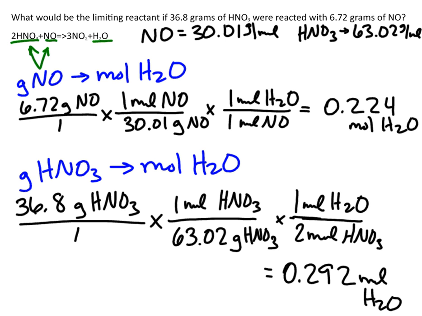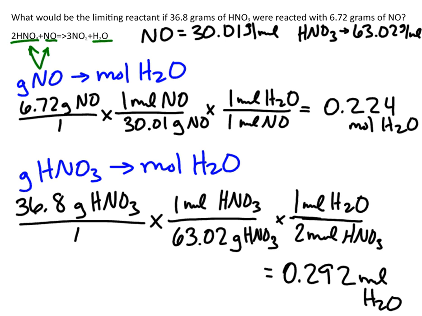So I found out how much water I can make with the 6.72 grams of nitrogen monoxide, and I found out I can make 0.224 moles of water. And then I did the same exact process again, but I used the 36.8 grams of nitric acid to find out how much water I can make with this much nitric acid.